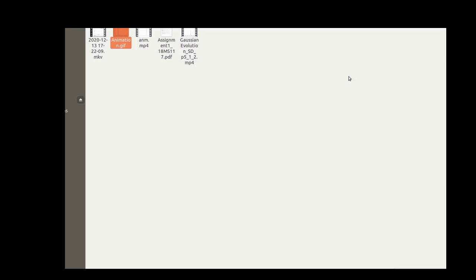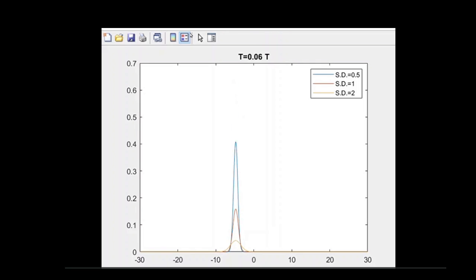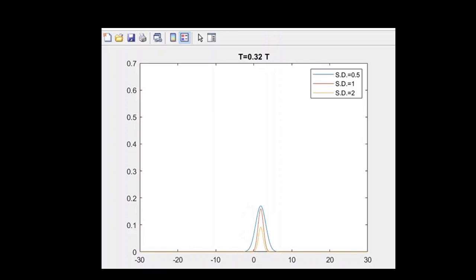Some students have pointed out that they observed a phenomenon: if it starts with a relatively wider wave function on one side, then it becomes narrow when it comes to the center.